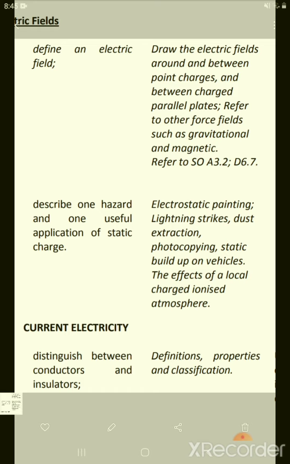Now that is the one that I want you guys to look into for me, and send me some feedback on that one, what you found out about the effects of a local charged ionized atmosphere. I want somebody or anybody to find out if it's a hazard or if it's a useful effect of static charge.